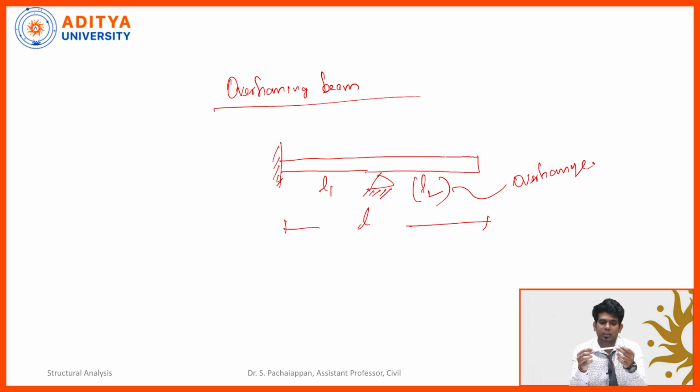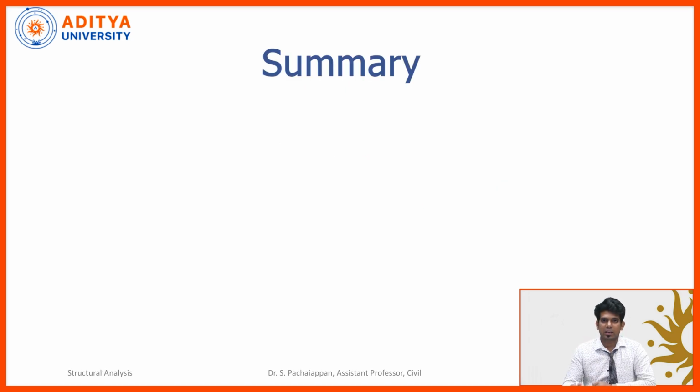Also, if you go to a railway station, on the top there will be a provision for carrying the electrical wire which gives electricity to the train through the pantographs. The posts carrying that wire are also overhanging or cantilever projections.